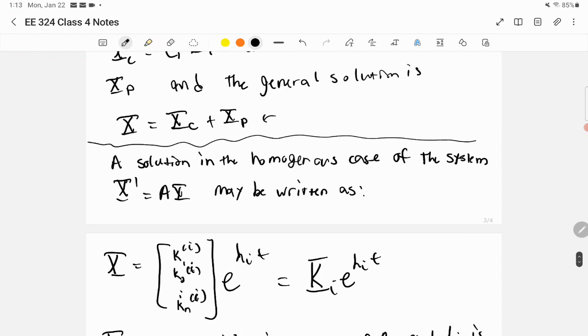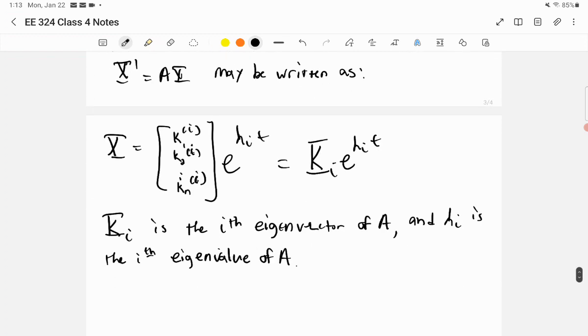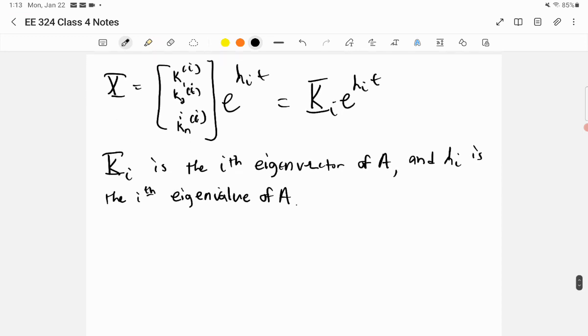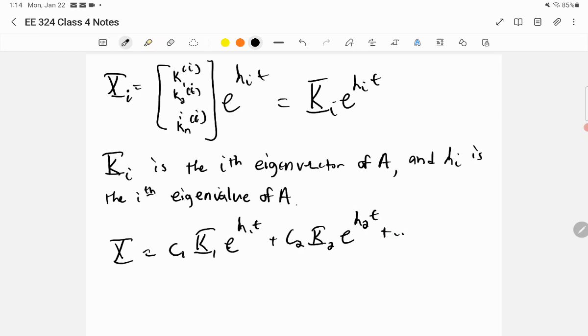So basically we can write the solution out as follows. The full solution, this should have been xi, by the way, is going to be equal to c1 k1 e to the lambda 1 times t plus c2 k2 e to the lambda 2 times t plus dot dot dot plus cn kn e to the lambda n times t.